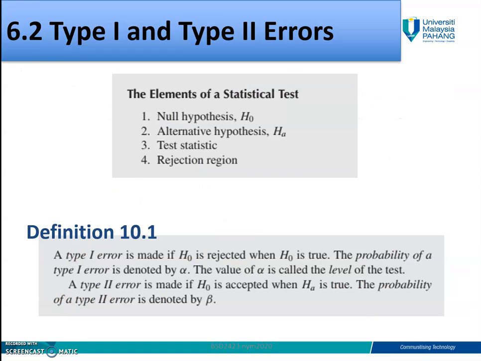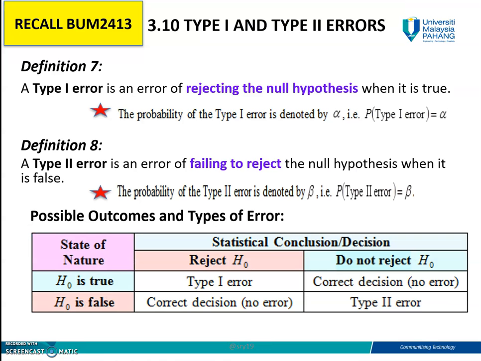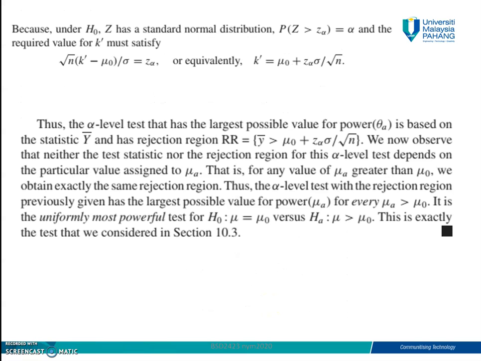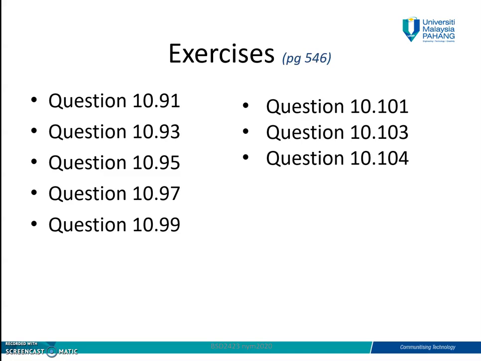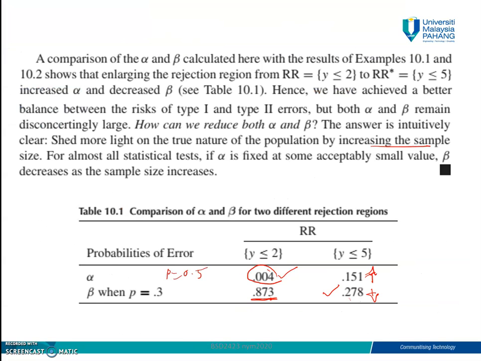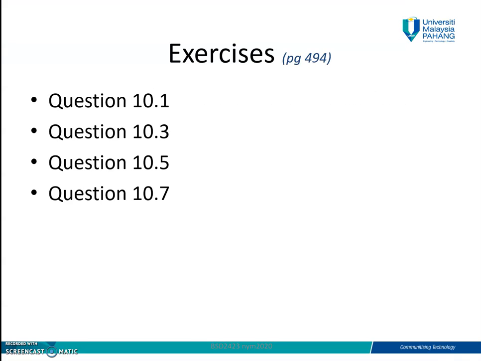Sometimes it can continue from 6.1 too. In 6.1 you get the region, then you need to find alpha or beta. How to find alpha and beta is using subtopic 6.2. So I stop for 6.2 here.